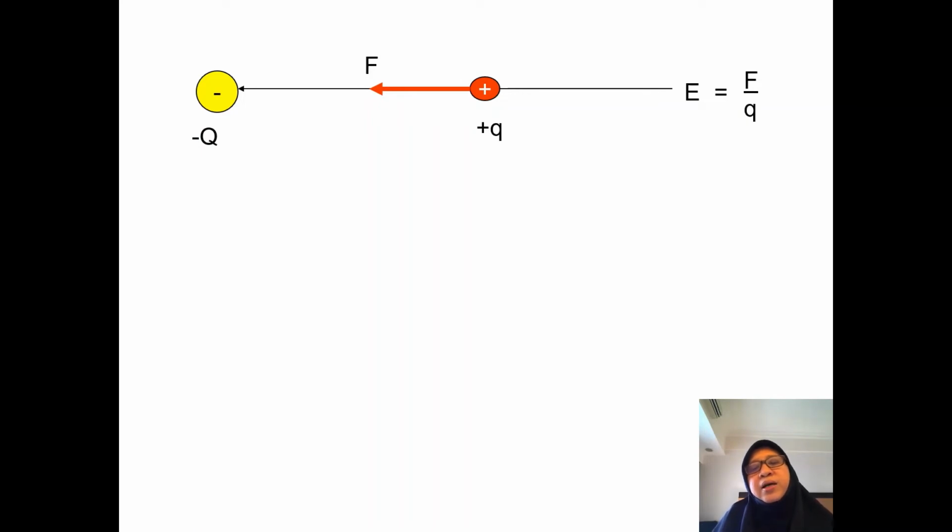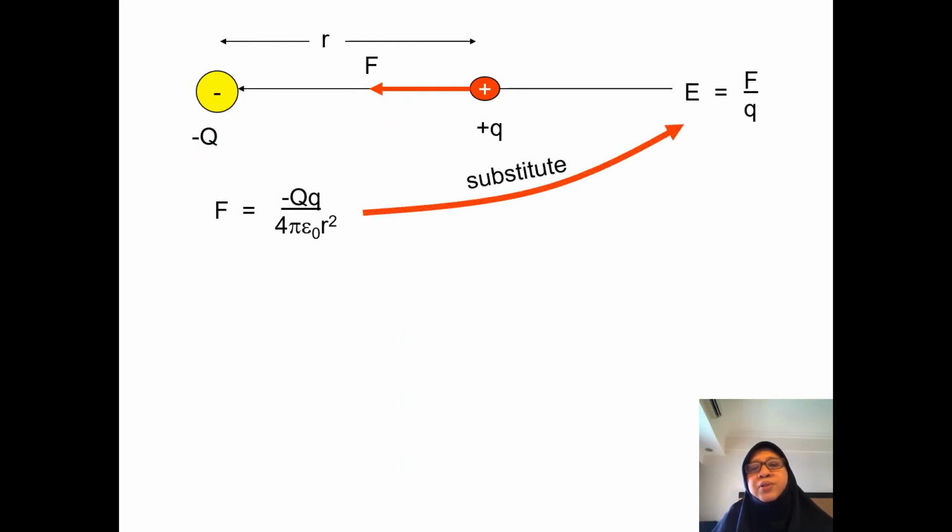Now using the definition of electric field, E equals F per q, with the distance r between them, we use Coulomb's law and substitute. Because the source is negative and the test charge is positive, we bring along the negative. We cancel out q because q is a test charge, and we don't need its magnitude.